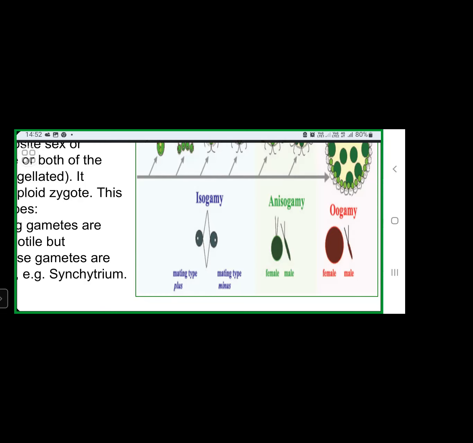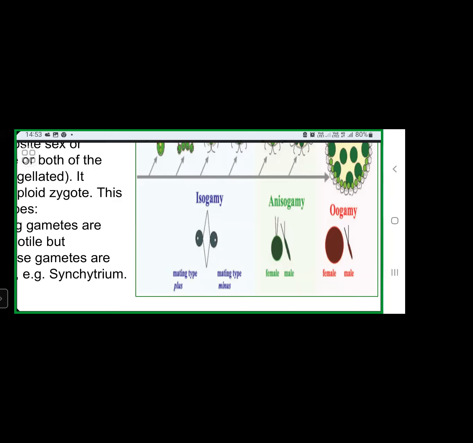So fusion between one motile and one non-motile gamete is called oogamous type of fusion, simply called oogamy. Male is small and motile, female is large and non-motile.